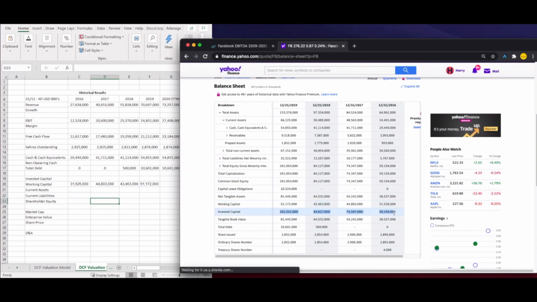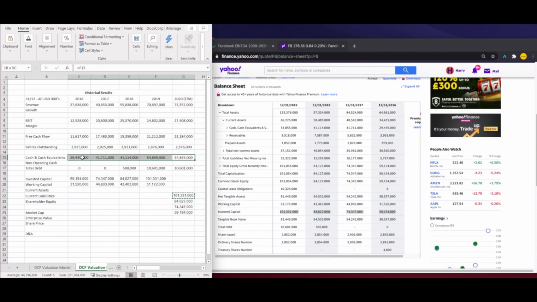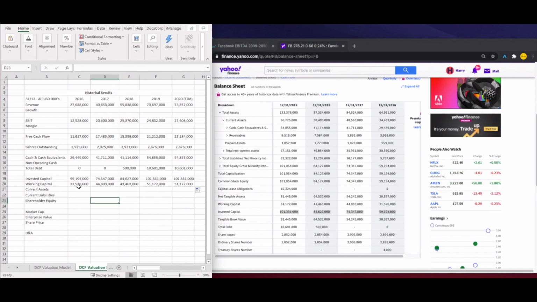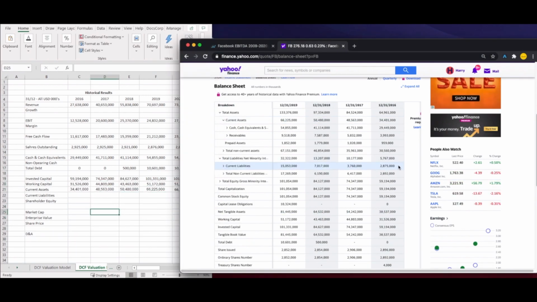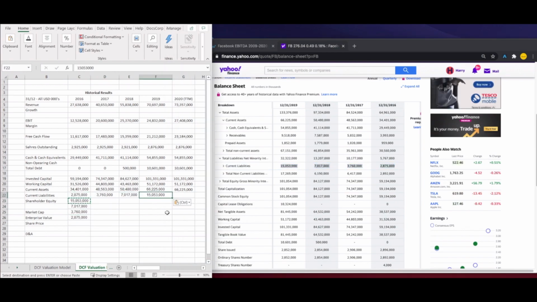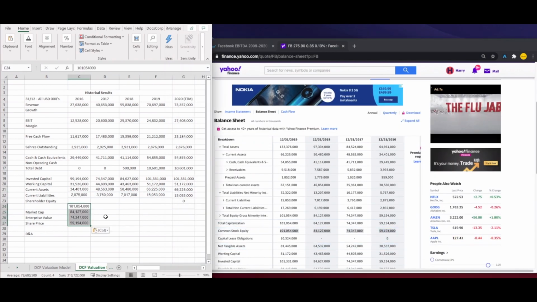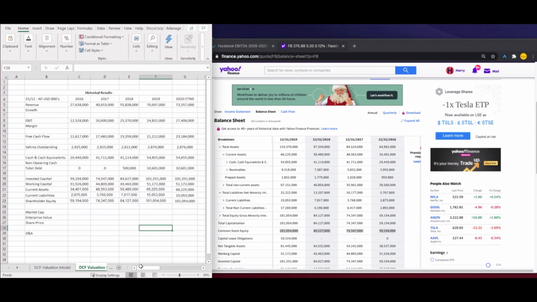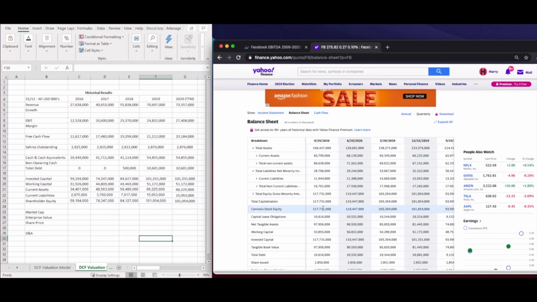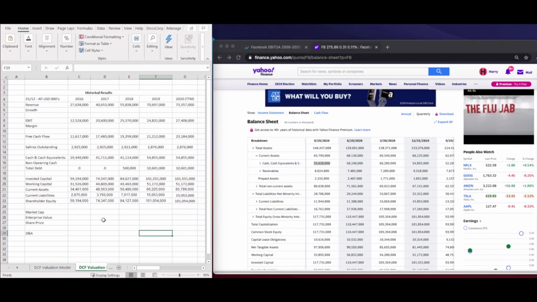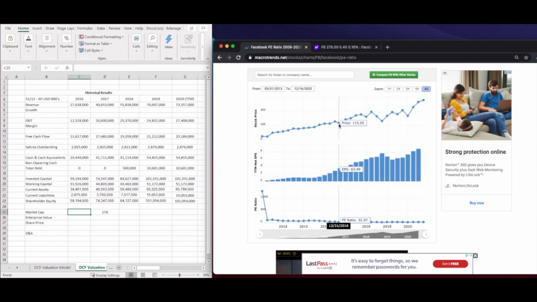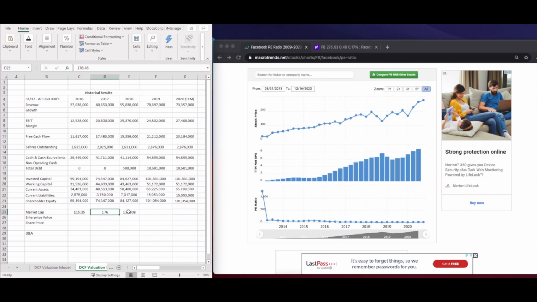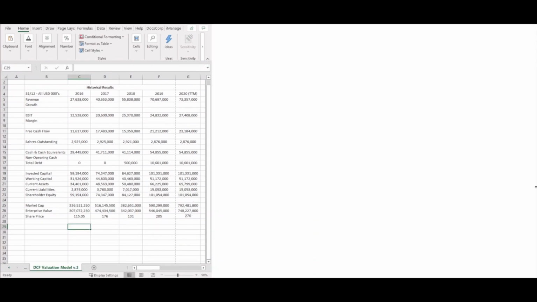There's some stuff missing from here that, if we were doing a company like we'll do in the next one with Tesla, a company that's not turning a profit yet, we would need to look at some extra metrics just so we can come up with free cash flow in a different way, because in this method, we're going to be using free cash flow over EBIT to calculate the free cash flow into the future. Obviously, we'd have to do a different method if we're doing a company like Tesla. So hopefully this will be done in a second, then we'll jump into the assumptions.